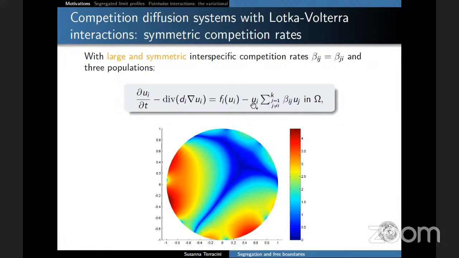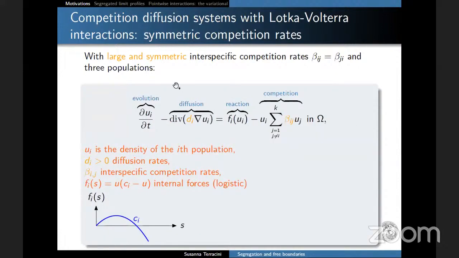the u_i with some interspecific competition rates, b_ij, which are symmetric in this picture, but appear with a minus sign in front. So they oppose both the growth and the spread of the population.